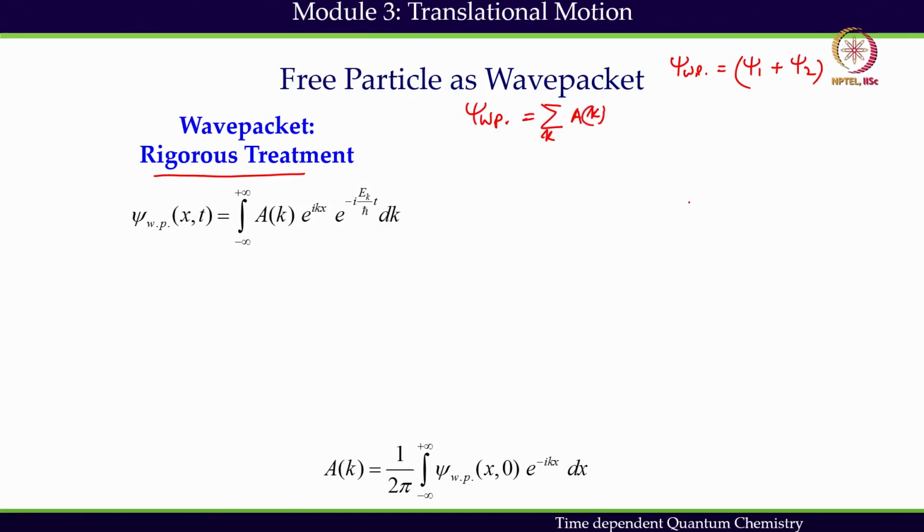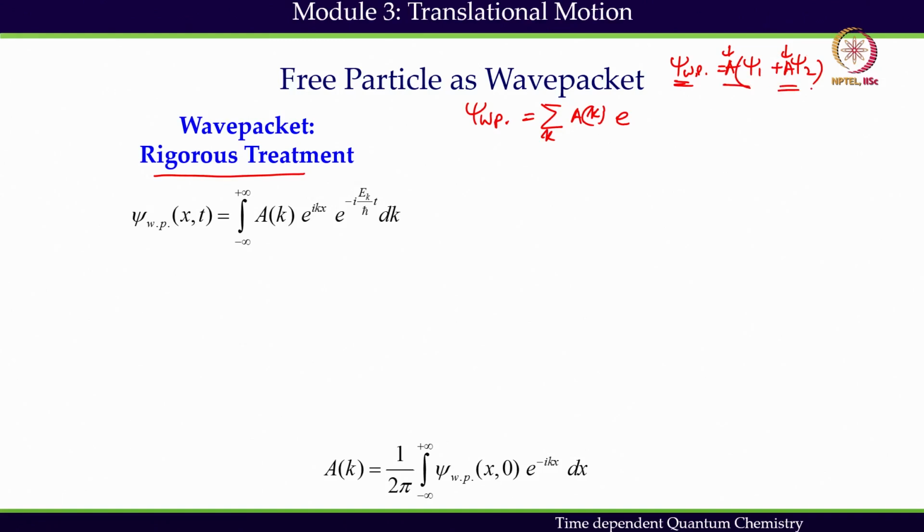I am now making it k dependent. When I presented the interference of two matter waves to represent the wave packet, there I made a independent of k. I didn't select different a for two different waves.